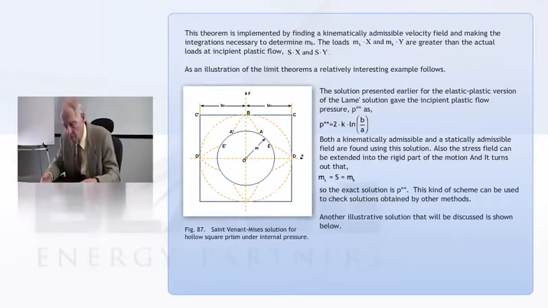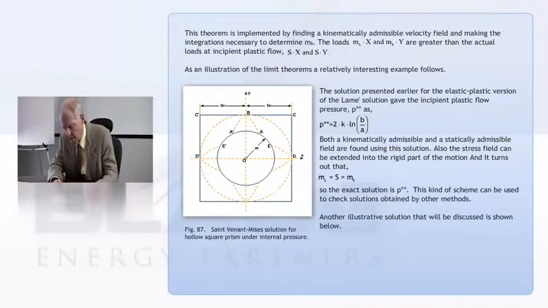And it's the same solution I used for the statically admissible. It's got the same pressure, obviously, because it's the same problem. And so I know that the actual pressure that it takes to initiate this impending plastic flow is just this P double star, which was 2K times the log of the outer radius to the inner radius, which would be the ratio from the dotted circle radius to the inner circle radius.